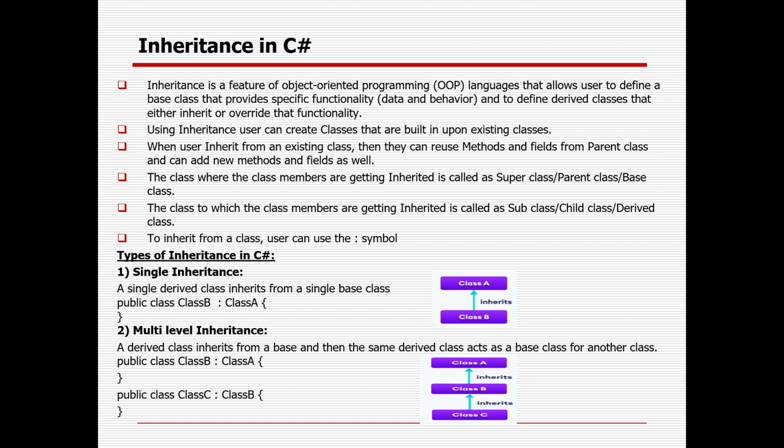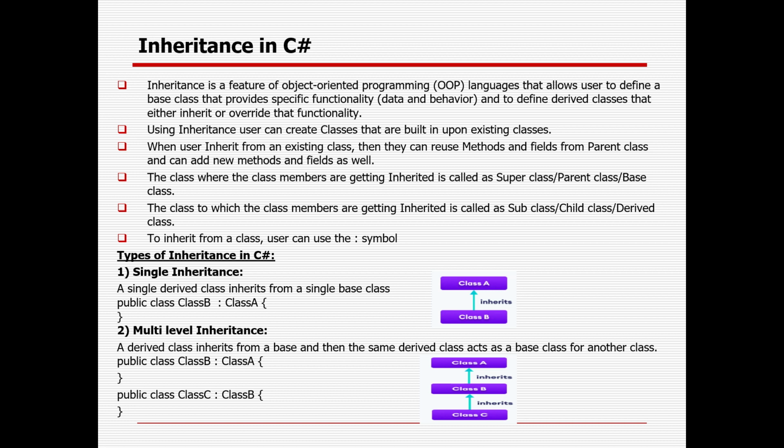Apart from that, the child class has its own methods and fields as well, but that is not possible vice versa. So the child can access the parent or grandparent, but the parent can't access the child's attributes, or the grandparent can't access the parent's or child's attributes.